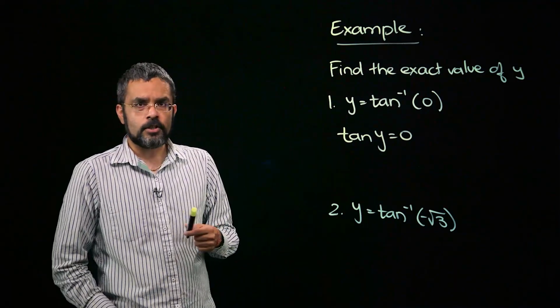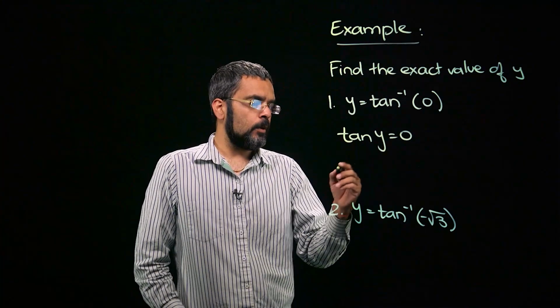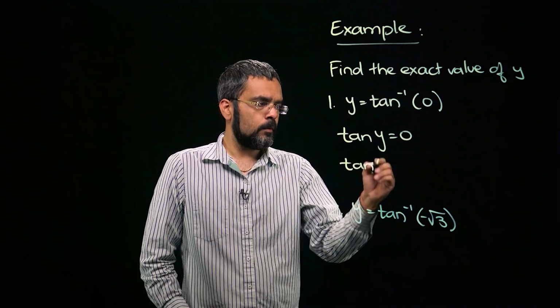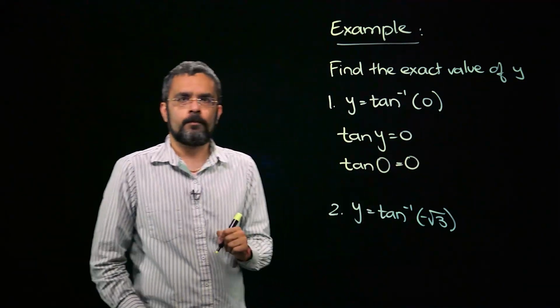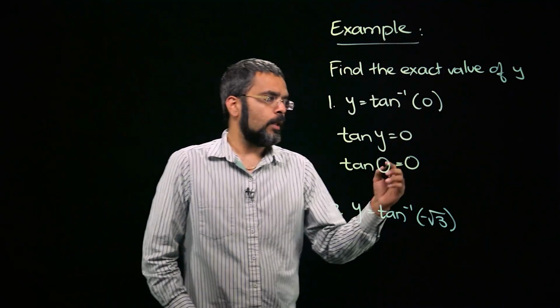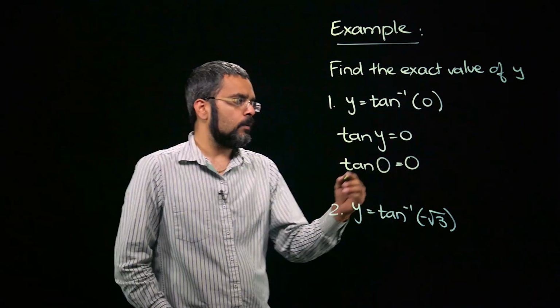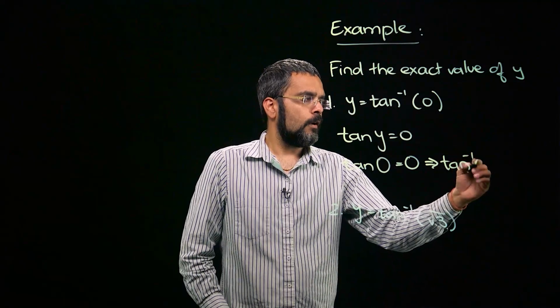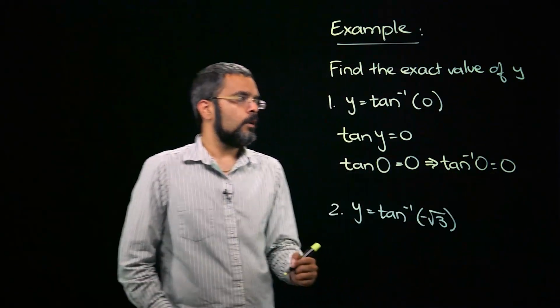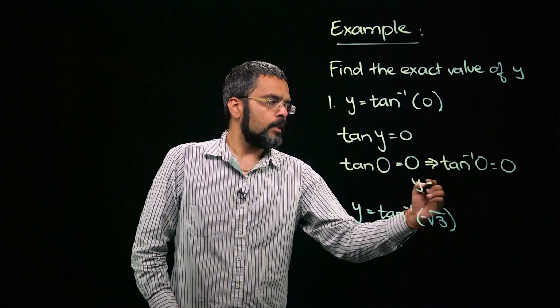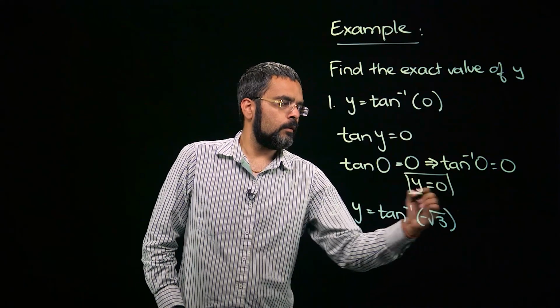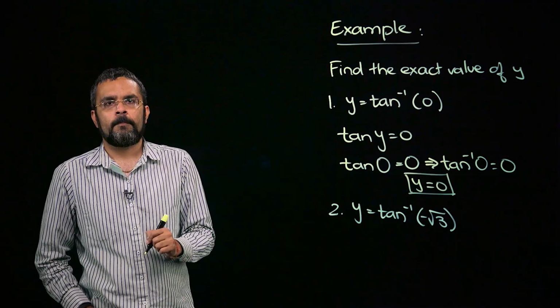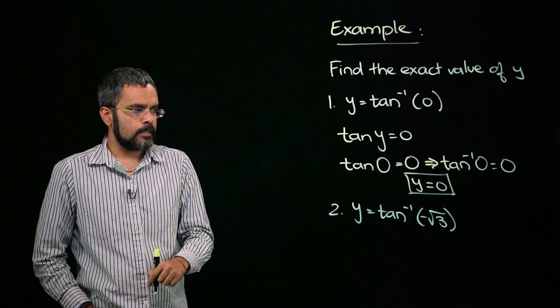We know such an angle, and that angle is 0. We know that tan of 0 is equal to 0, and so since tan of 0 equals 0, that implies that tan inverse of 0 equals 0. So for the first one, y is going to be 0.